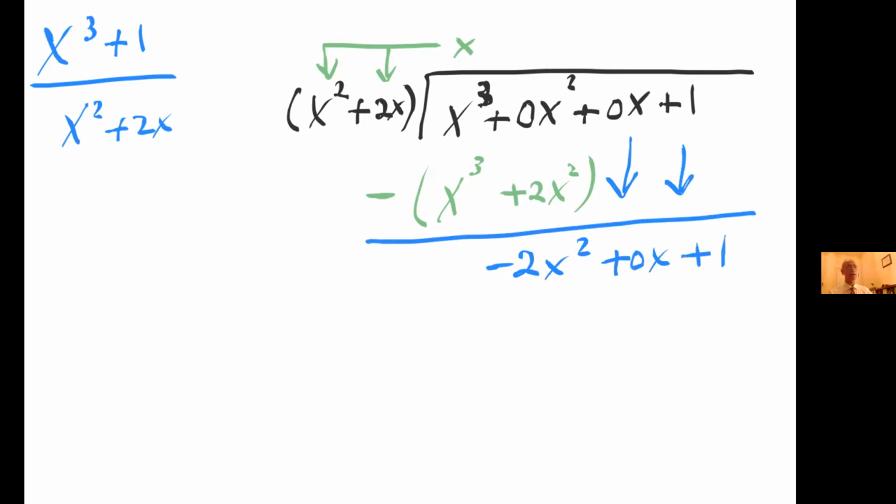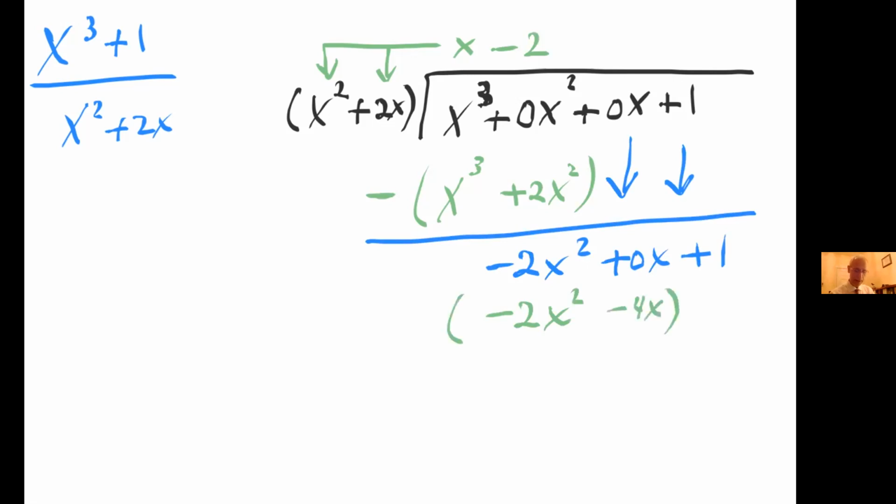Now I'm going to put minus 2 here. Negative 2 times x squared is minus 2x squared, and negative 2 times 2x is minus 4x.